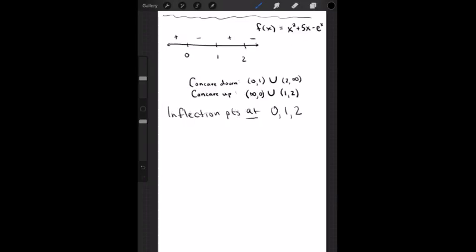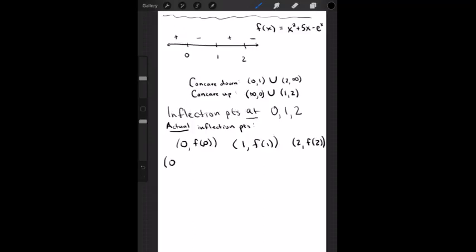So if I wanted to find the actual points, then I would take that x coordinate and then I would plug it in here. Right. I would take that x coordinate and I would plug it in here. And one of these days I'll write something down, right?